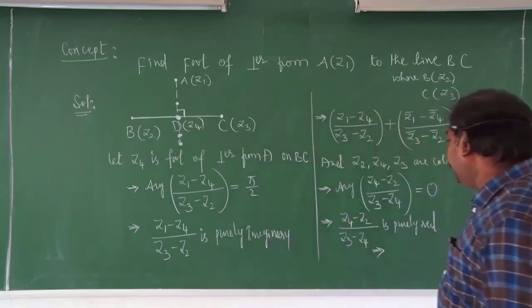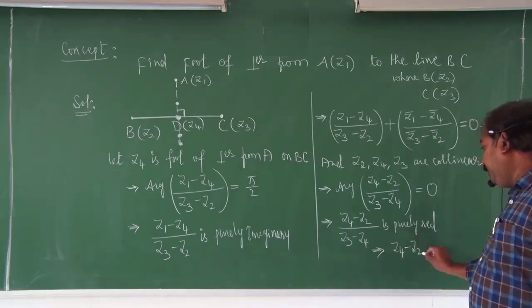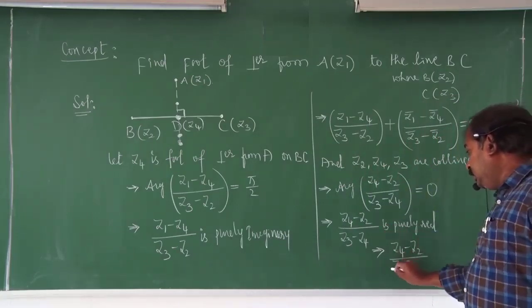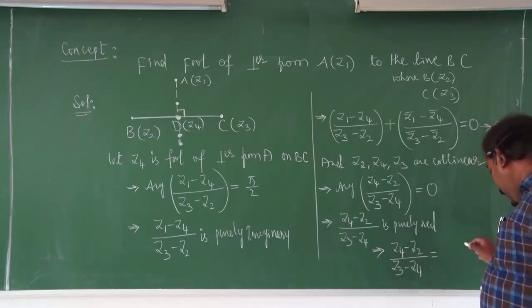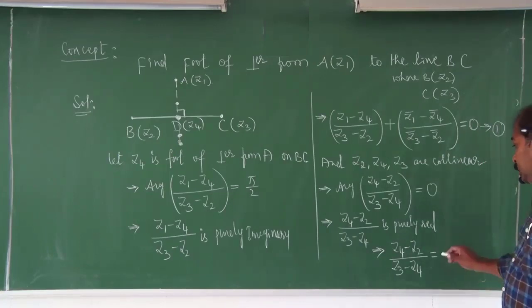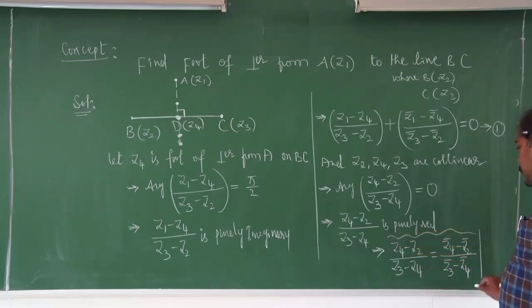So this complex number is equal to its conjugate, which is (Z4 conjugate minus Z2 conjugate) by (Z3 conjugate minus Z4 conjugate). So this is the second condition.